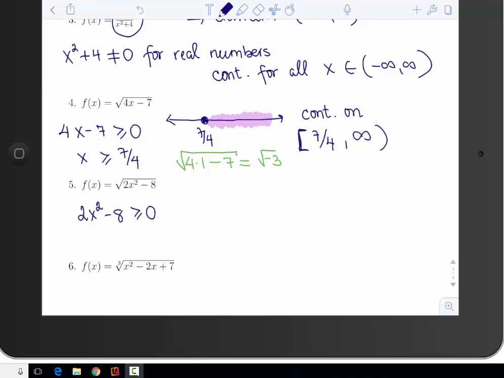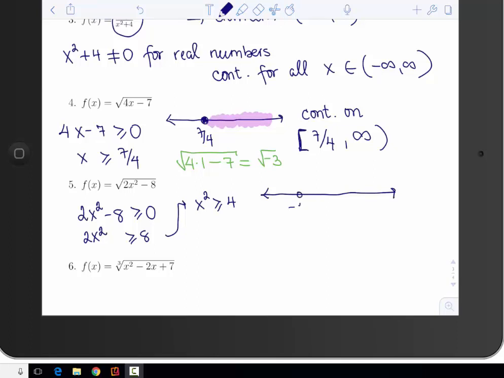Okay, let's solve for x. So this is x squared, I'm going to move that negative over here. So this x squared is greater than or equal to 4. And remember, this is an inequality. This is not an equation.